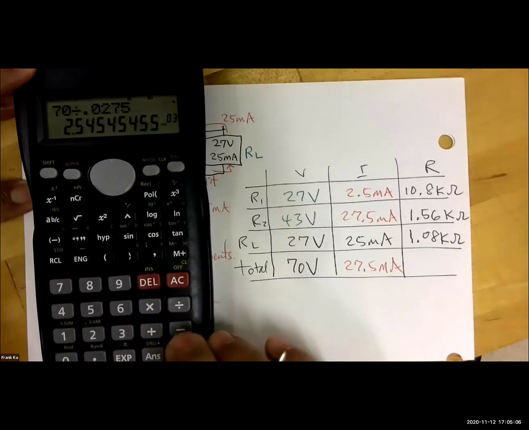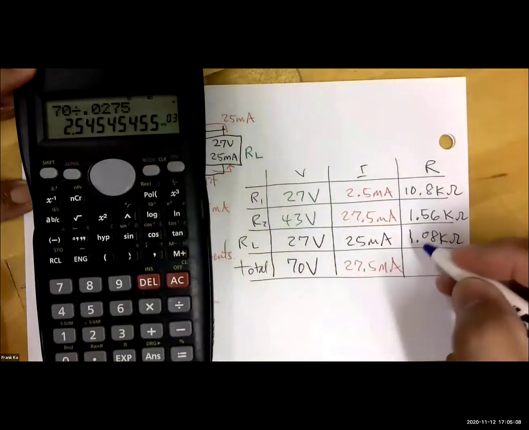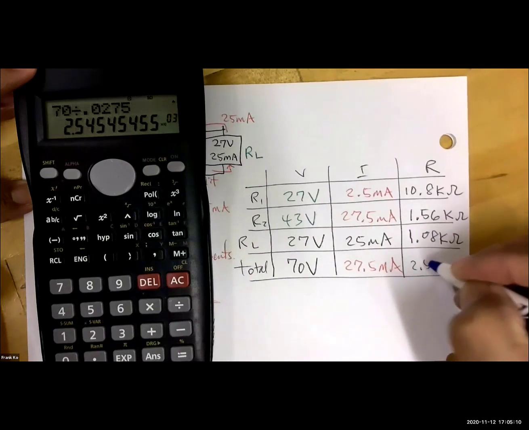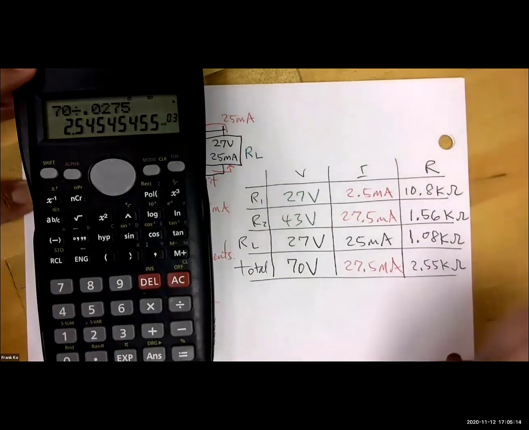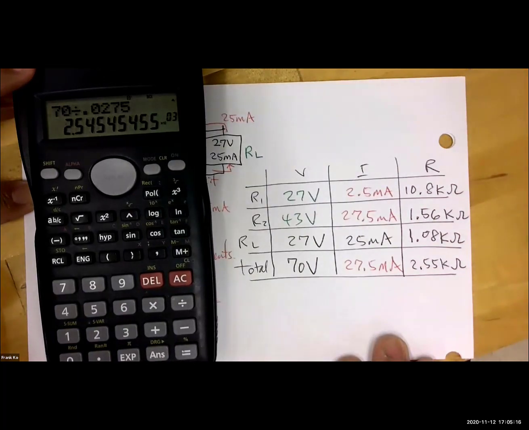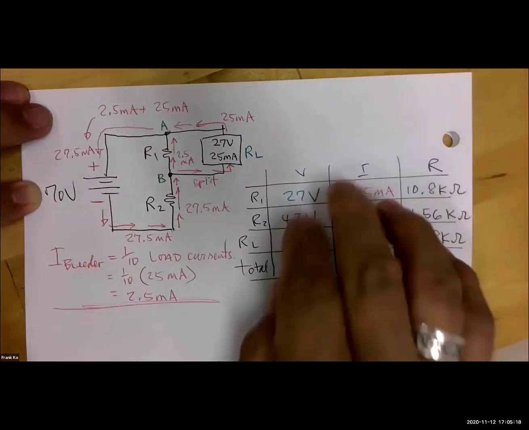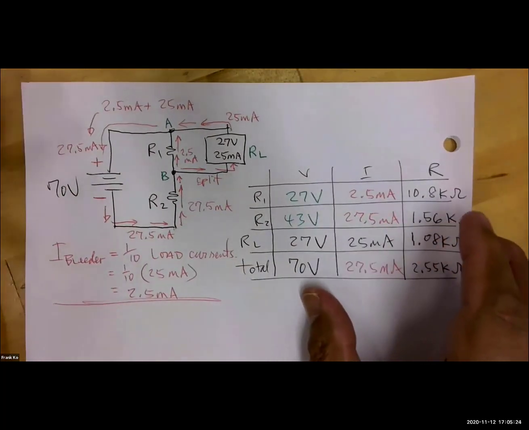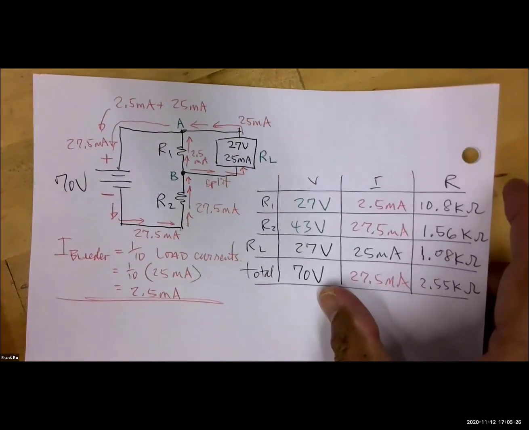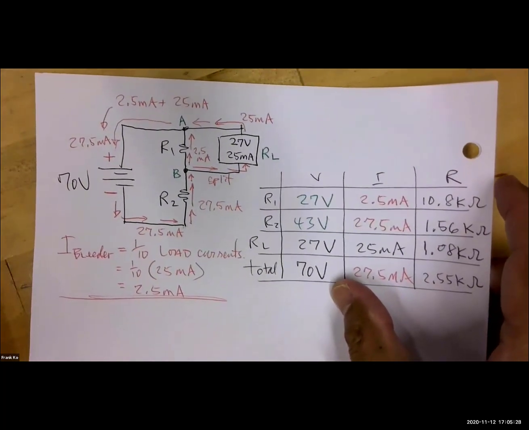So 2.55 kilo ohms. Okay, is everybody all right with how to analyze a voltage divider of this sort? So far, so good?